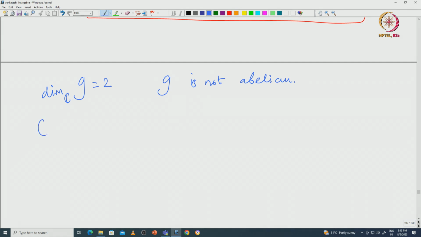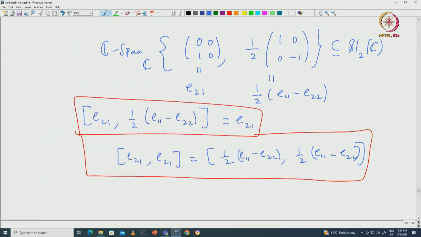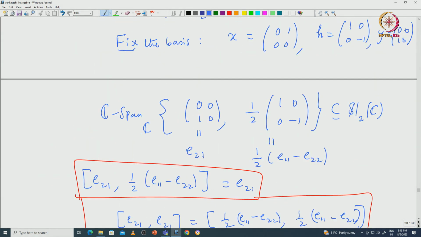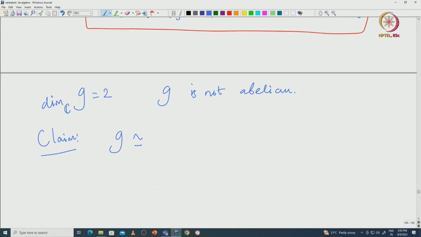What is our claim? Our claim is that G is isomorphic to this algebra, which I will call G2 non-abelian.